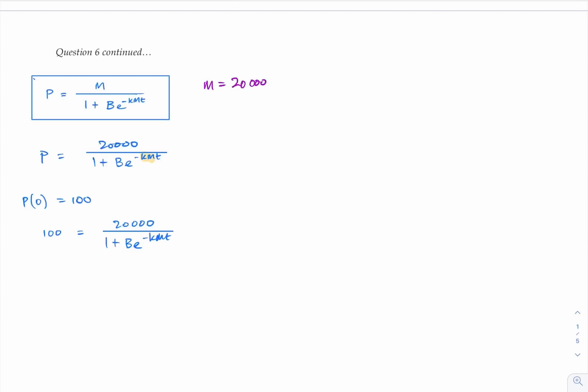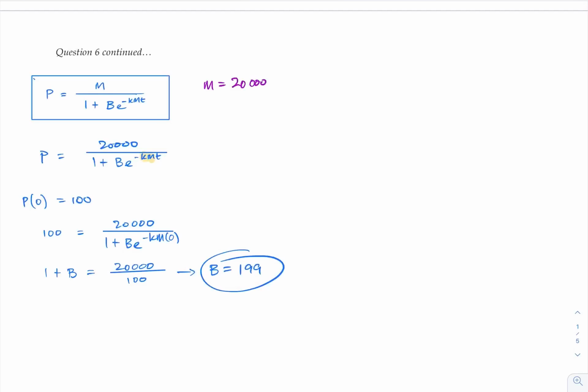So let me just fix that. Okay, now this is 0, which means this is 1, which means this is b. And so what we have is 1 plus b equals 20,000 over 100, or 200, and so therefore b is 199.